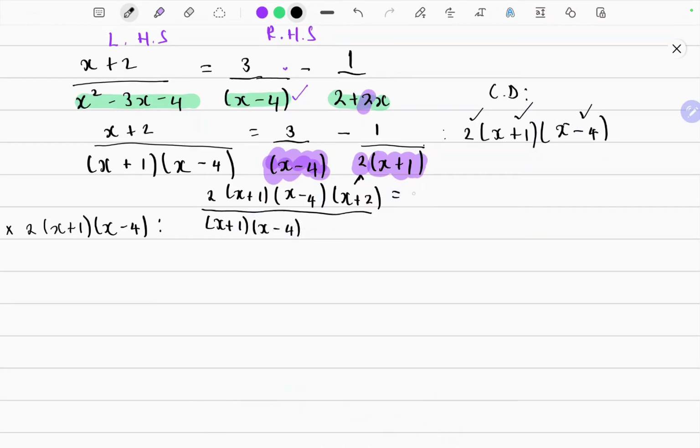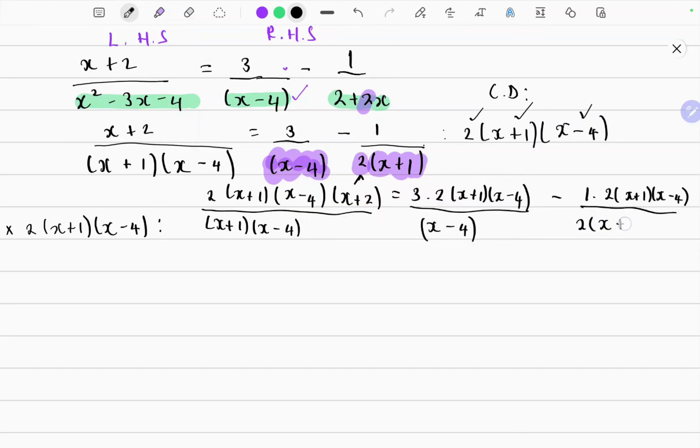This is equal to, the same thing can be done to the first term on the right-hand side, 3 times 2(x plus 1)(x minus 4) all over x minus 4, minus 1 into 2(x plus 1)(x minus 4), divided by the denominator, which is 2(x plus 1).